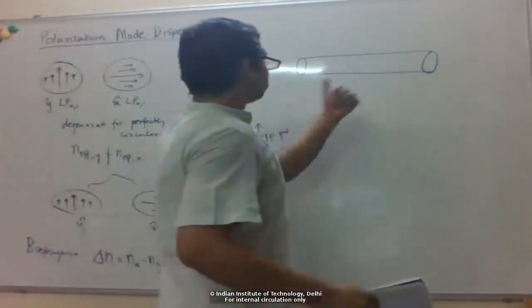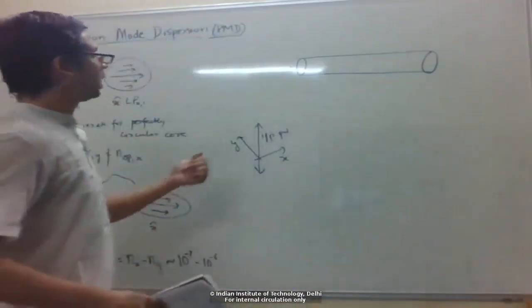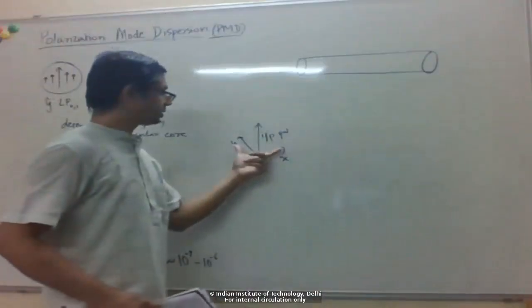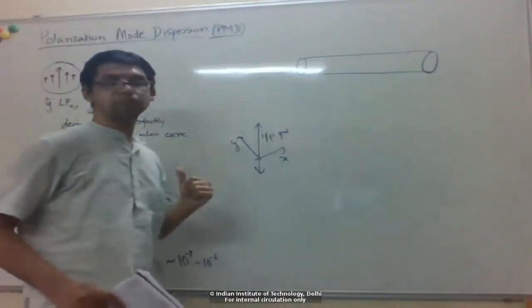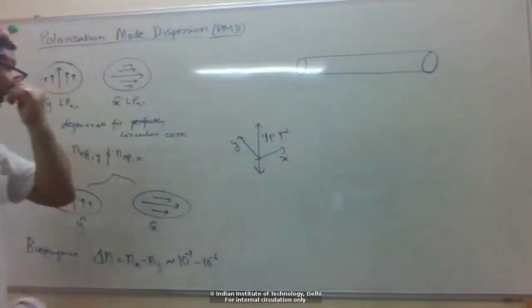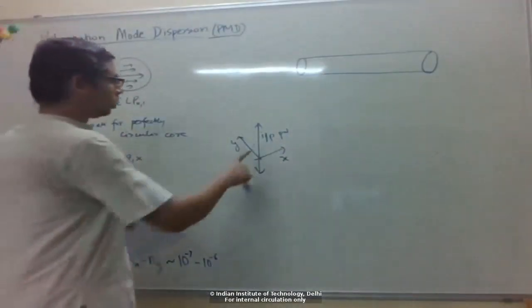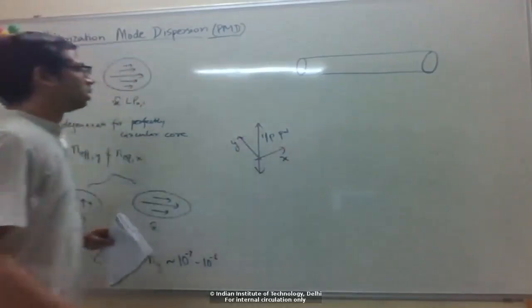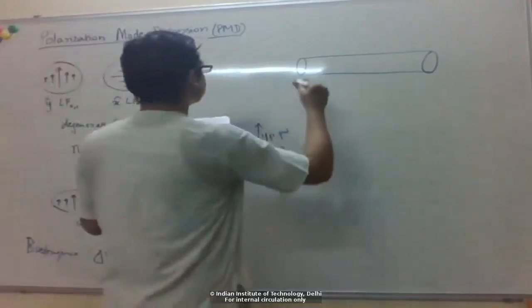So let's imagine some segment of fiber here, where the length is short enough that these two axes, the direction, is fixed. So the direction of the compression is fixed. Now my input polarization has components along both these axes.